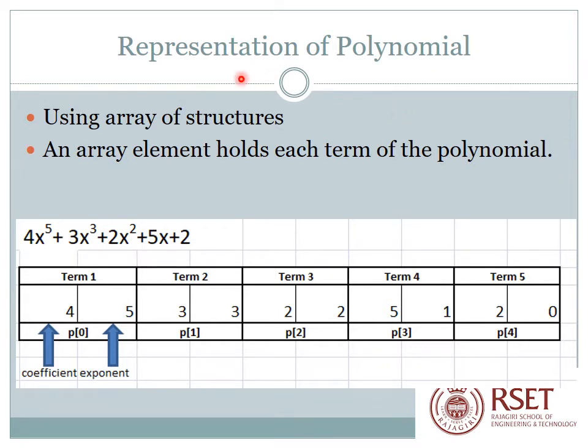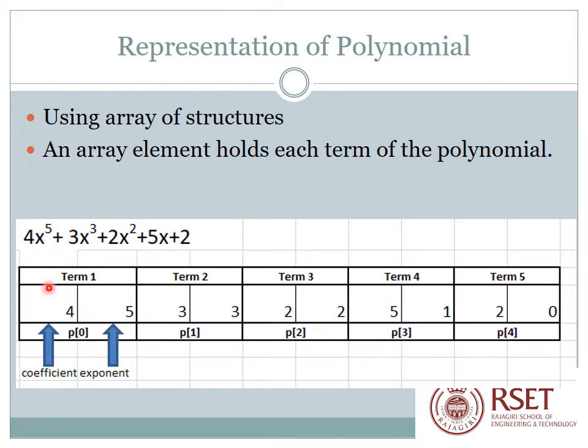The representation of a polynomial is done using an array of structures. An array element holds each term of the polynomial. When you declare an array of structures, each element of the array is in turn a structure, and each element is used to hold one term of the polynomial.